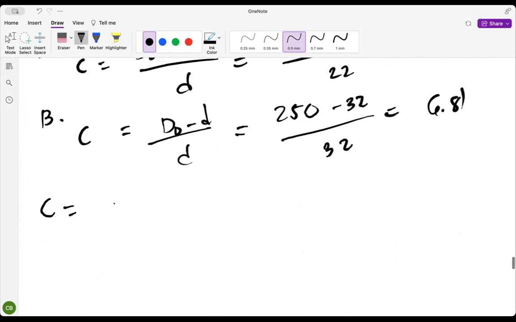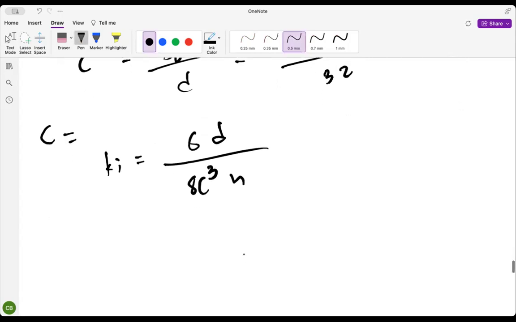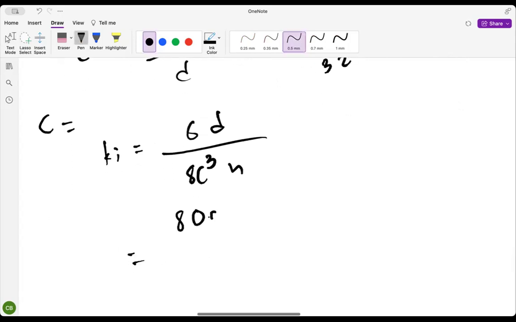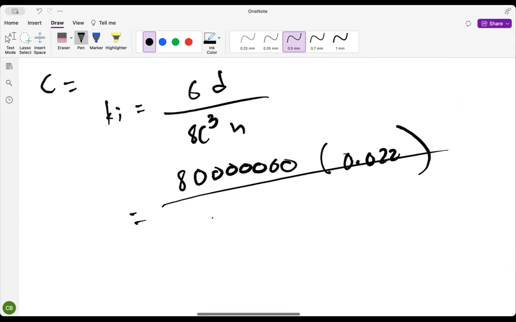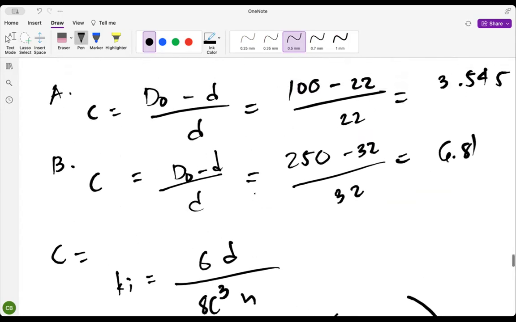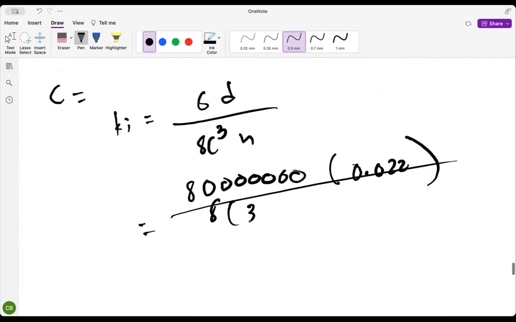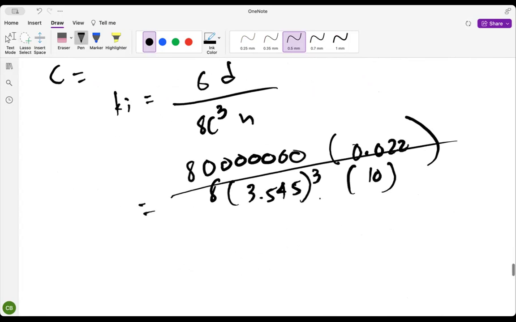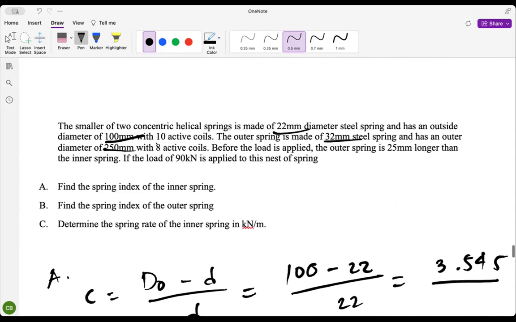Then lastly, the spring rate of the inner spring. In order for us to get that, the formula is GD over 8C cubed times the number of coils. G is given as 80 million, multiplied by 0.022, and then 8 times the inner index 3.545 cubed times 10 active coils.